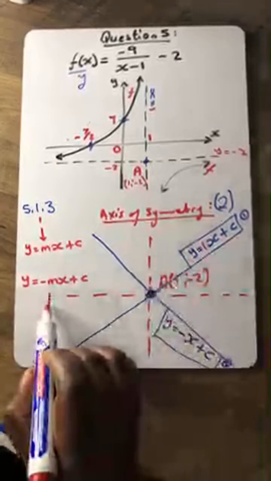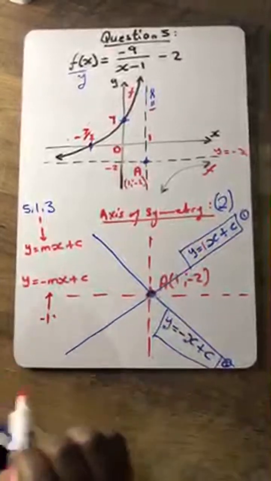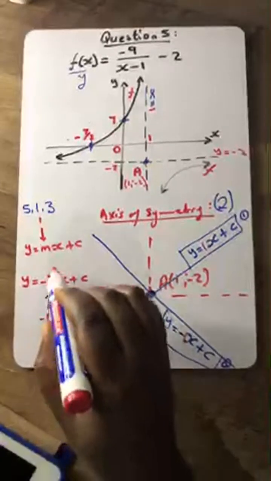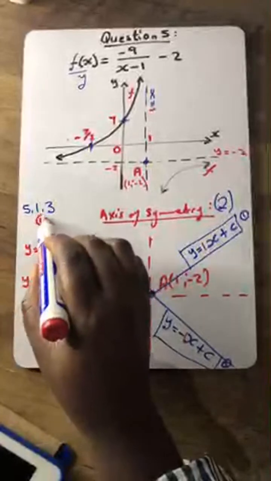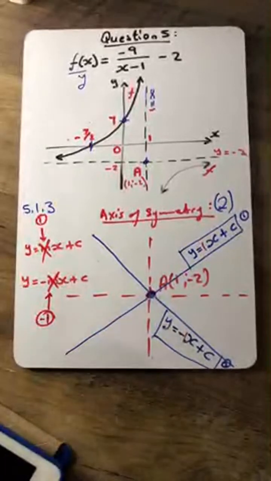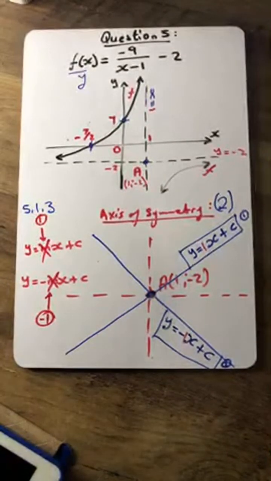And for the one that has a negative gradient, it is negative invisible 1. So that m, you won't need to write, because we know it's always either 1 or negative 1 depending on the line.